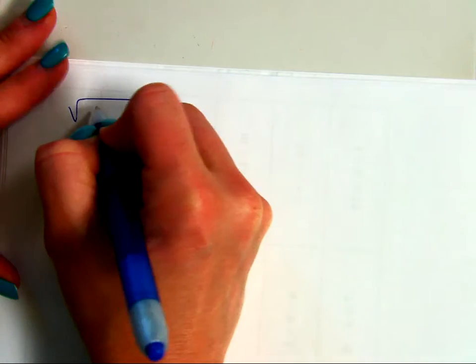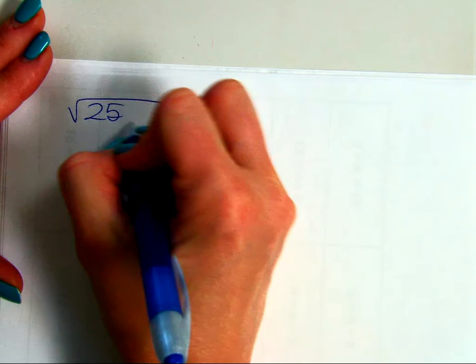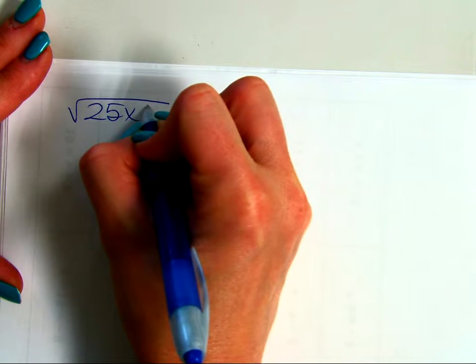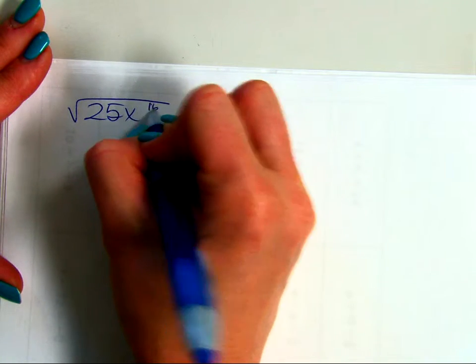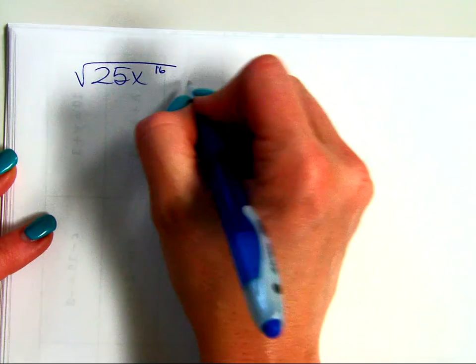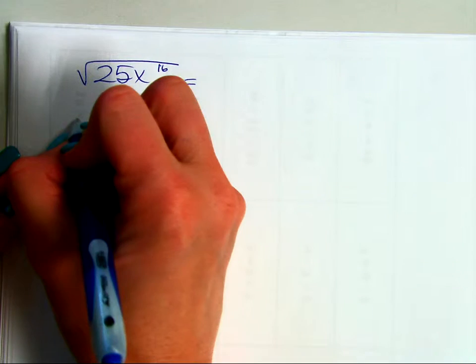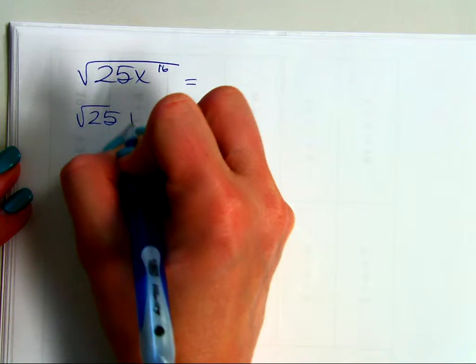So then my next question, and William kind of hinted to it, is what would I do if I had like 25x to the 16th? I know I just did 16, but you have to take the square root of the 25, and here's how you could look at it, guys. Remember how you can separate things?